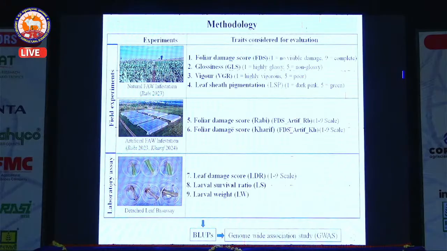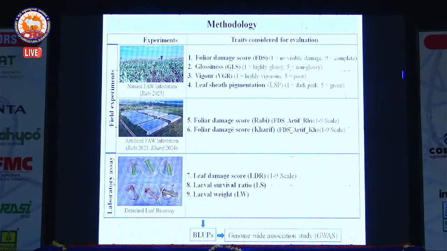Here the observations we have taken are foliar damage score, glossiness, vigor, and leaf sheath pigmentation, using the 1 to 9 Davis scale for the foliar damage score and a 1 to 5 scale for other traits, and under artificial infestation also the foliar damage 1 to 9 scale.